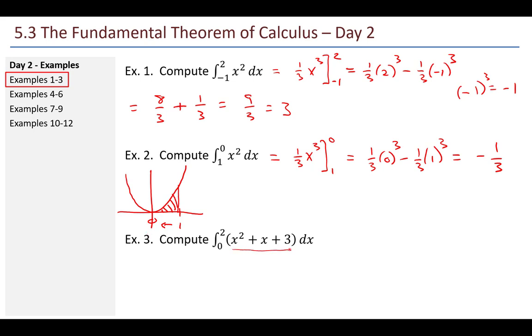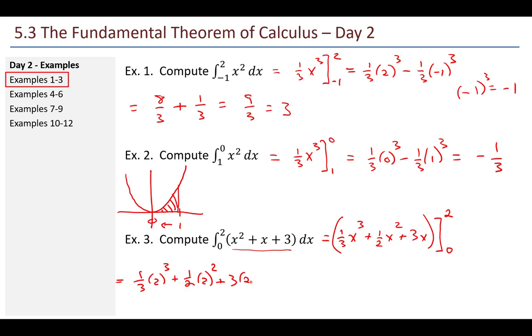What if I have several terms all together? Well, I just handle them all together. So this is 1/3 x cubed plus 1/2 x squared plus 3x, and all of that is evaluated at 0 and 2. So I'll plug in the 2, 1/3 2 cubed plus 1/2 2 squared plus 3 times 2, all of that minus, well, what's going to happen when I plug in 0? 0 plus 0 plus 0.